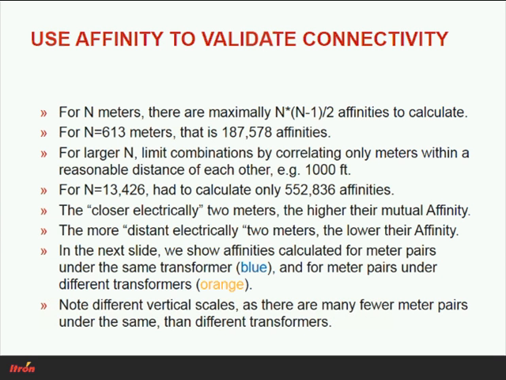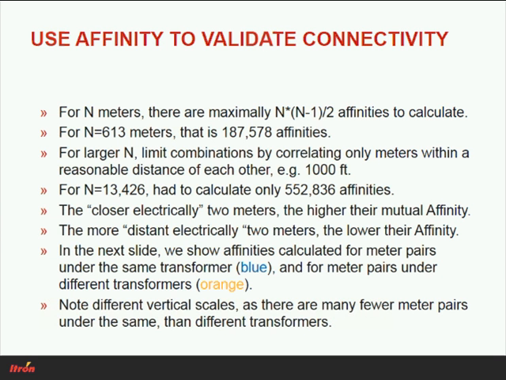For larger n, it's simple to limit the combinations. It doesn't make any sense to try to correlate 2 meters that are a mile apart. They're very unlikely to be attached to the same transformer. So you can simply limit the bilateral affinity calculation to only include meters that are within some reasonable distance, for example, 1,000 feet.